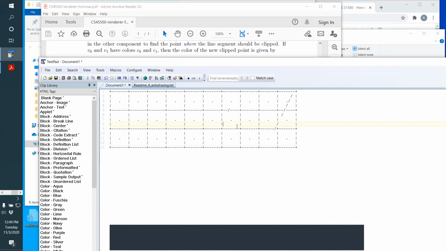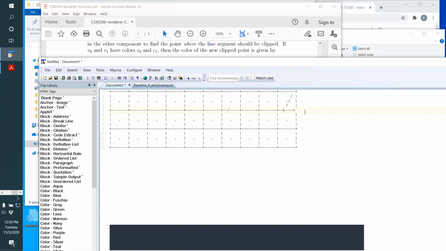Whichever is closest moving up, if it's closer to the center of the pixel, or I can't remember what it's called. What do we call the dot? I know there's two different names. The logical pixel, yeah. And the square is the physical pixel, because the square is what actually gets drawn on the monitor.